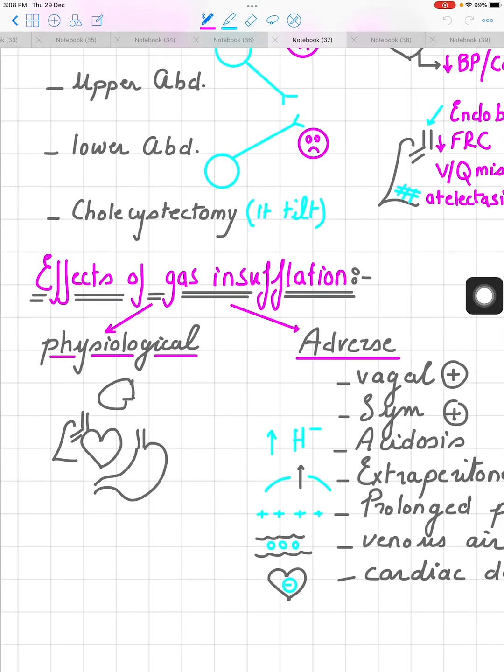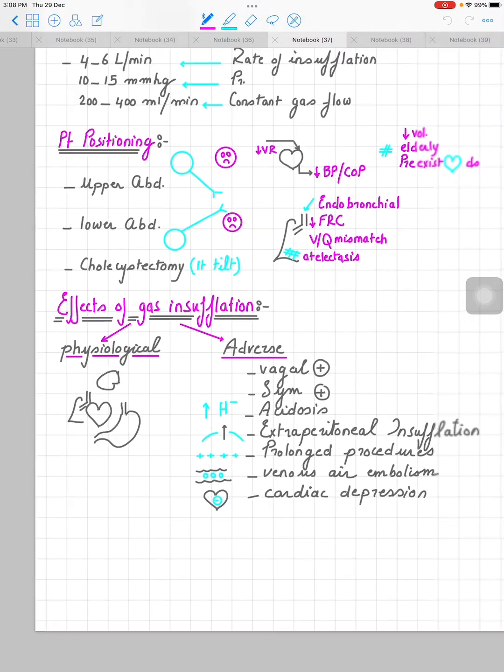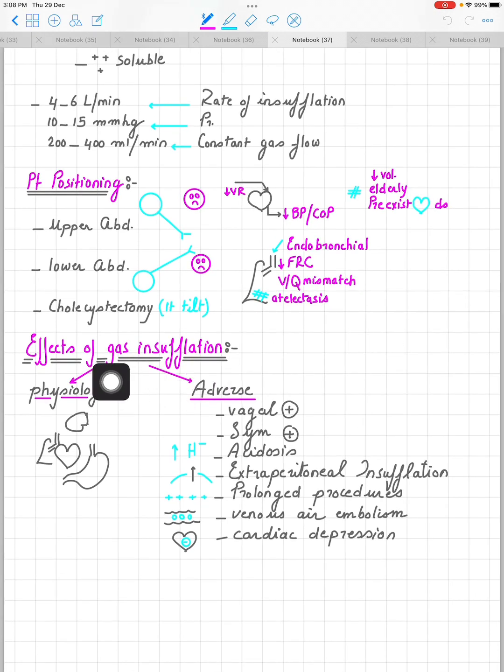Now let's discuss the effects of insufflation. The effects of the gas insufflation can be either physiological or adverse effects. The physiological effects of the insufflation of the gas into the peritoneum include respiratory effects, cardiovascular effects, gastrointestinal effects, and neurological effects.